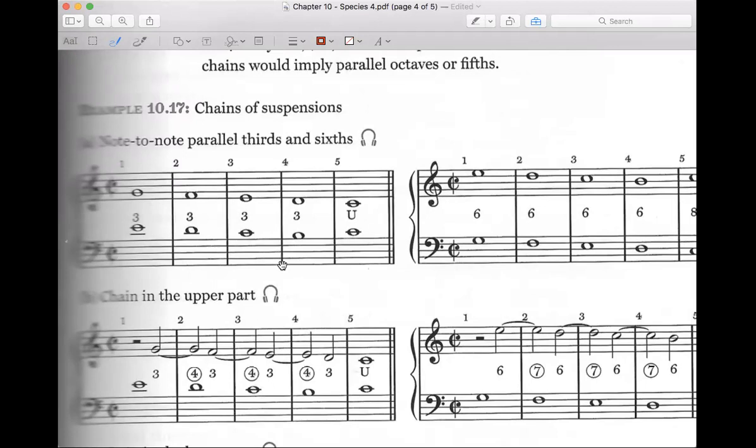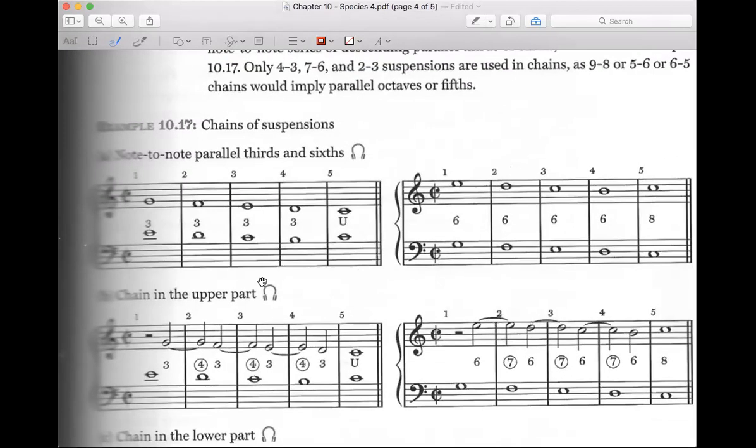So, for instance, parallel thirds or parallel sixths. Now, this would be too many parallel thirds and parallel sixths if we were writing a first species counterpoint exercise. However, in species 4, we can use this amount to develop a chain of 3 suspensions in a row.